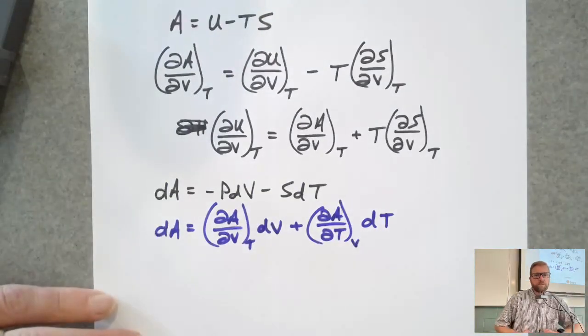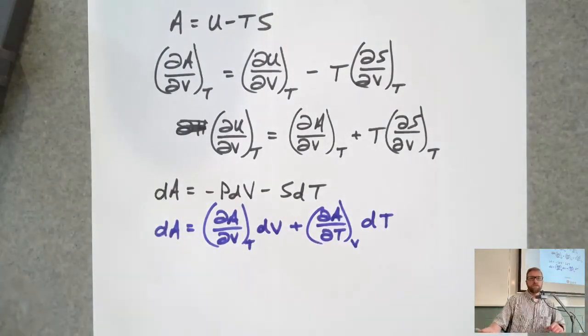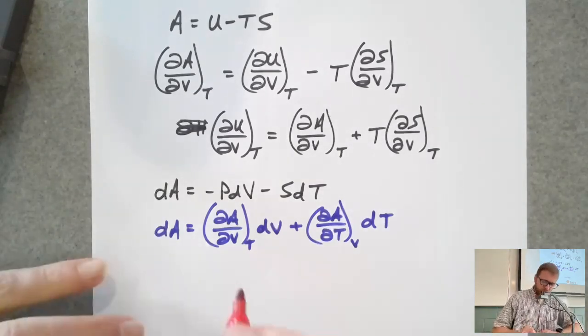Right? This is just writing it out just like we've done before. Now, what do you notice about the partial of A with respect to V at constant temperature? What must that be equal to? Looking at this guy right here.